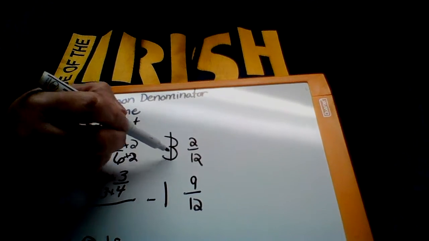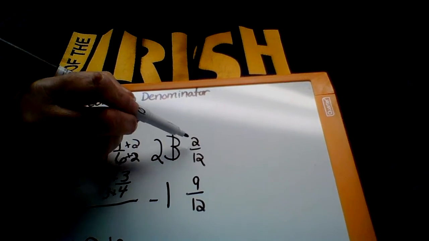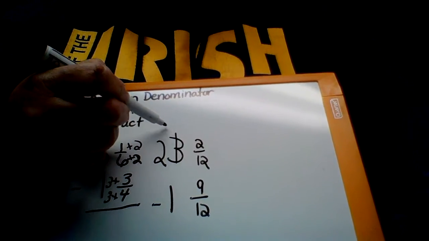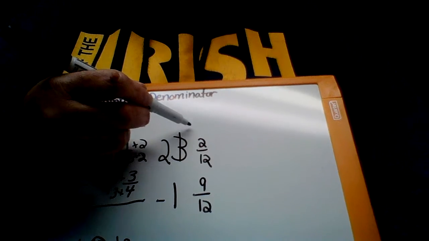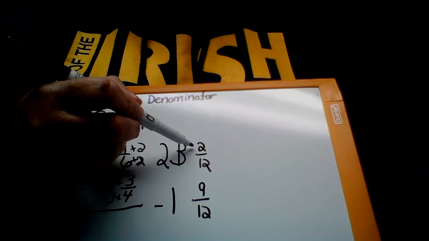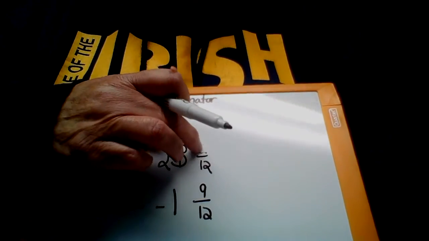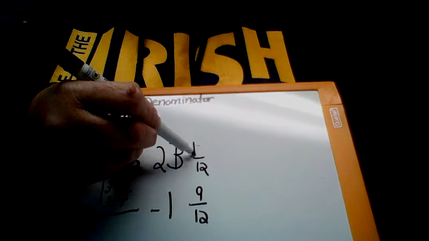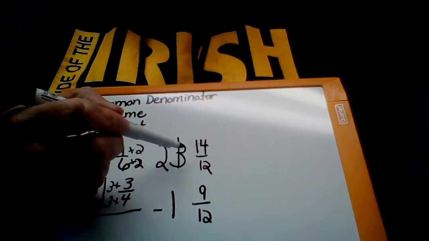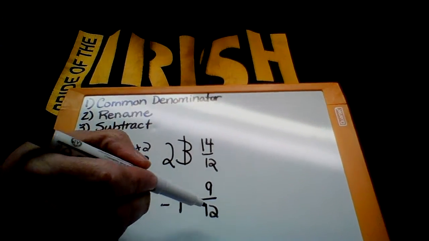I'm sorry, 12ths. My mistake. So I'm going to take this, make it a 2, and add 12/12 to 2/12. 12 plus 2 is 14. So now I have 2 and 14/12 minus 1 and 9/12.